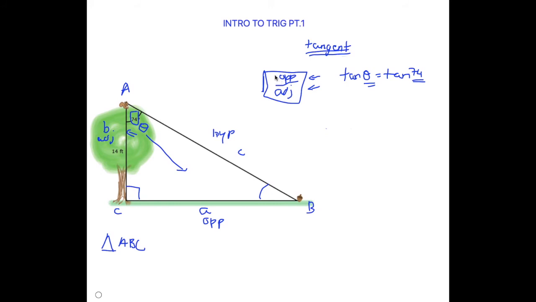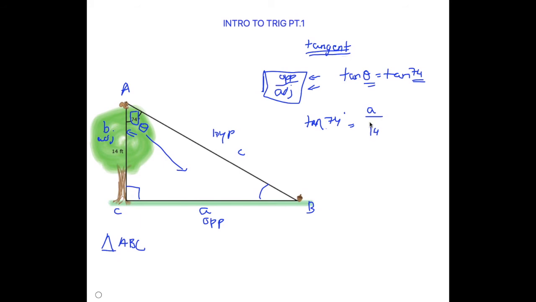We also know one of the sides, the opposite or the adjacent. We actually know the adjacent side, which is 14 feet. So let's plug that in. Tan 74 degrees is equal to the opposite side, which is A, so we don't know that, so we simply write A, over the adjacent side, which is 14 feet.